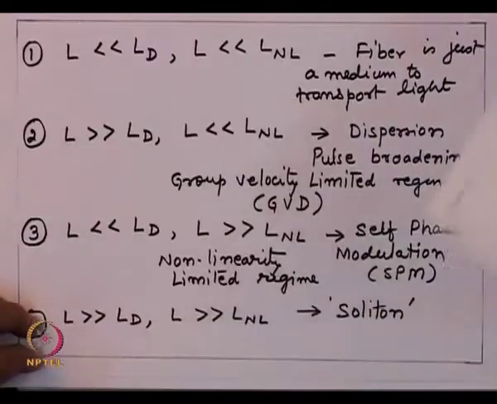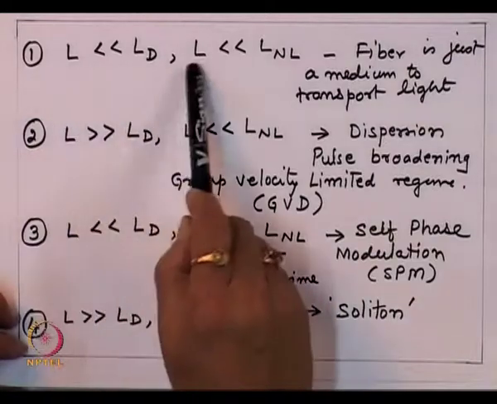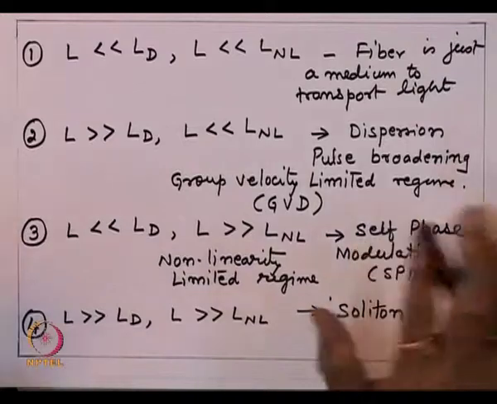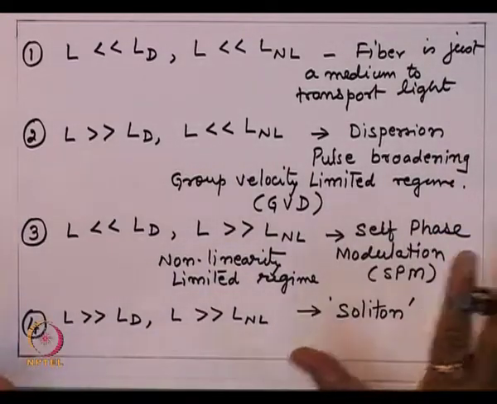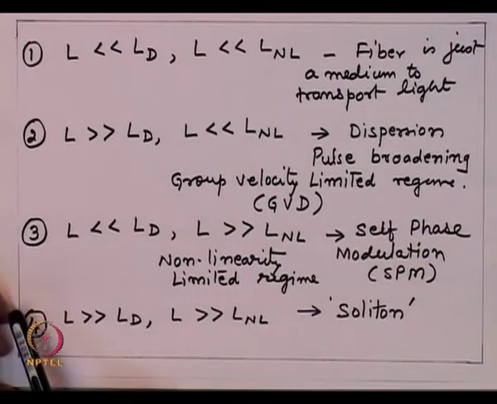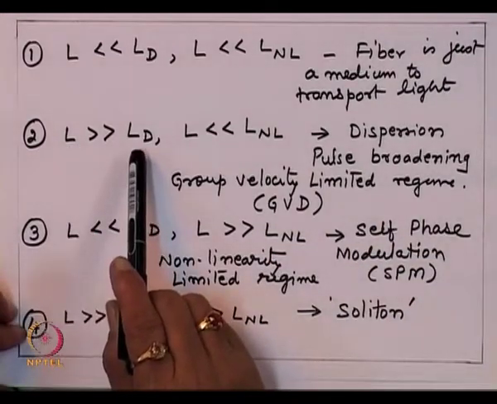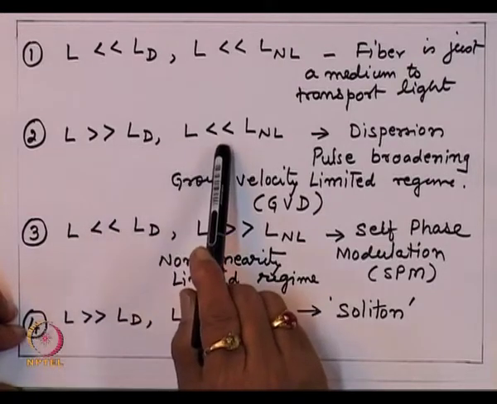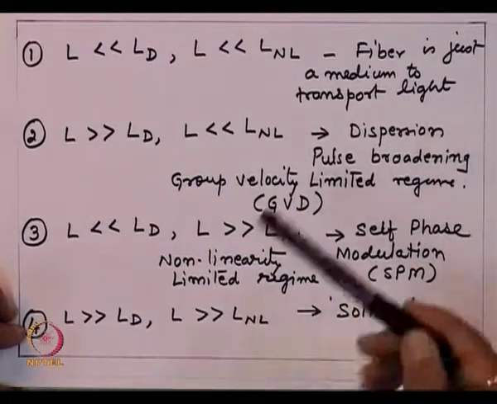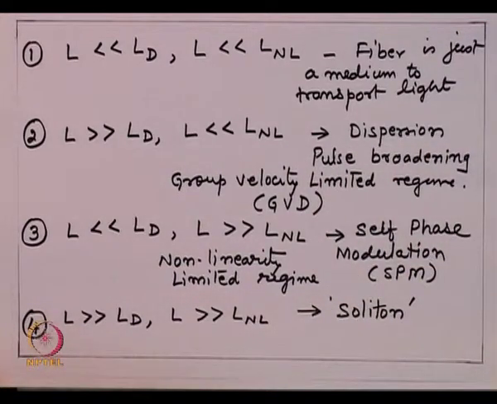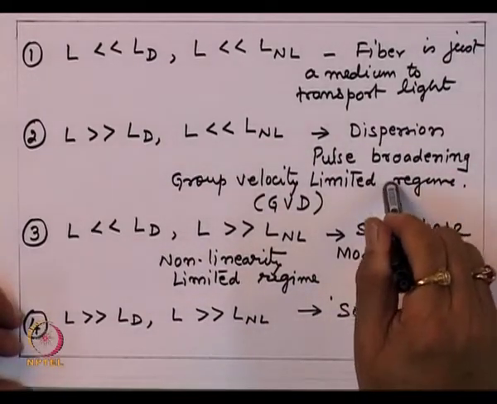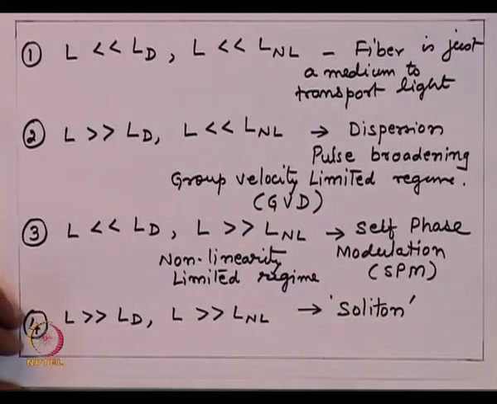So we saw three different situations. When L is much less than LD and L is much less than LNL, the fiber becomes a bare medium of power transportation, and the pulse does not evolve as it propagates. If L is much greater than LD and L is much less than LNL, the dispersion effects dominate, which gives pulse broadening; we will see the analysis of this in more detail today.